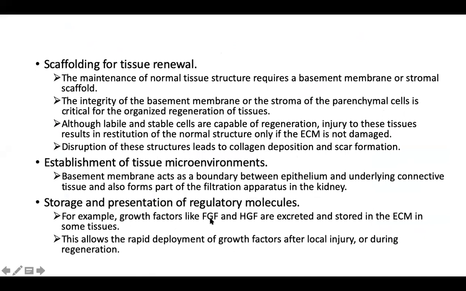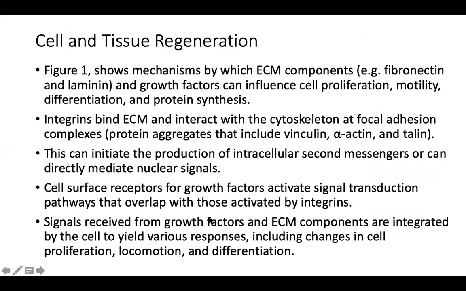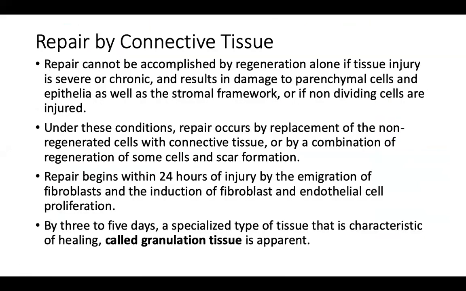This is a fibroblast growth factor that stimulates fibroblasts to generate fibrous tissue that will help during scar formation or healing by fibrosis. Now, by 3 to 5 days, a specialized type of tissue that is characteristic of healing, called granulation tissue, appears.